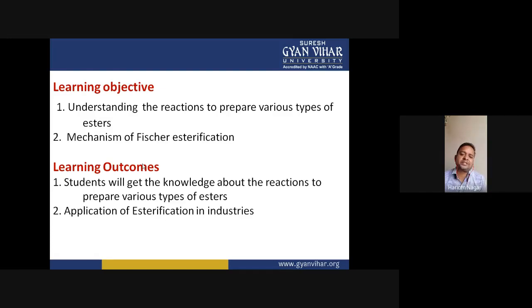Because the esterification reaction is actually a condensation reaction, and in a condensation reaction there is removal of a small molecule like water, HCl, etc. In esterification, alcohol reacts with carboxylic acid, and by the condensation process there is formation of an ester molecule plus a water molecule.